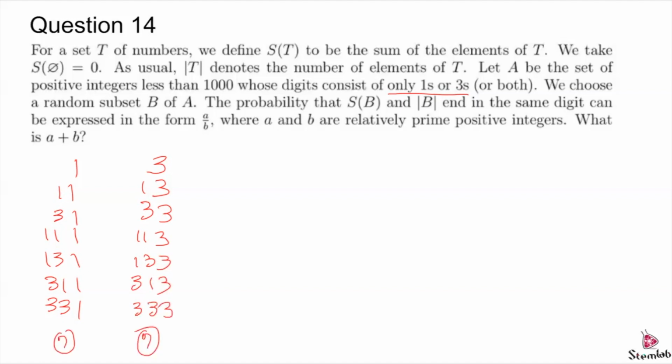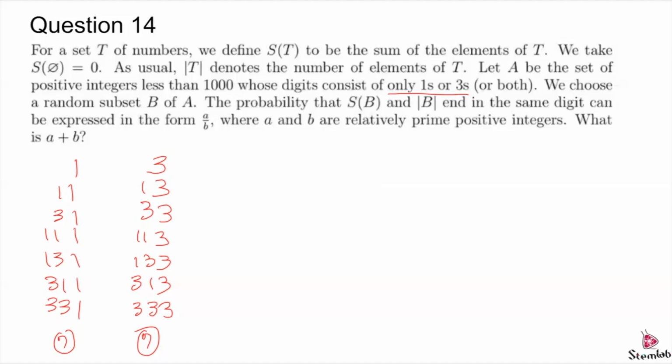Here we want the last digit of the sum to be the same as the cardinality, the number of elements in that set. Let's look at the elements that end in 1. If we pick one of those elements, we add 1 to the units digit of the sum and change the cardinality by 1.